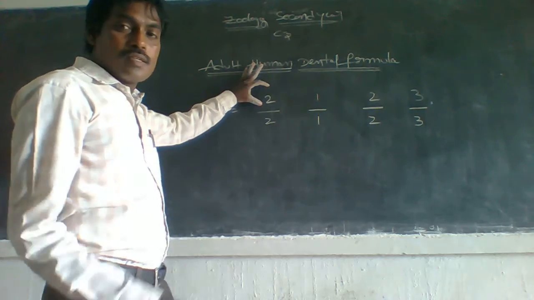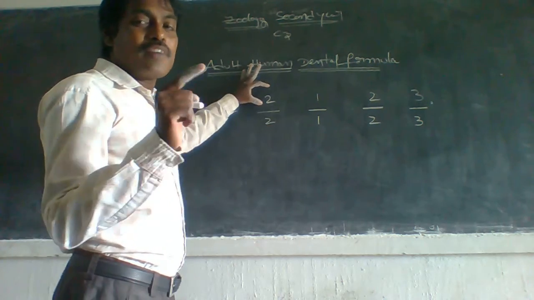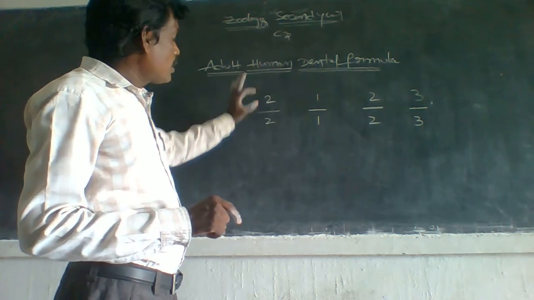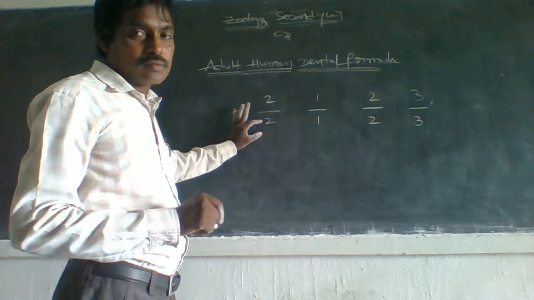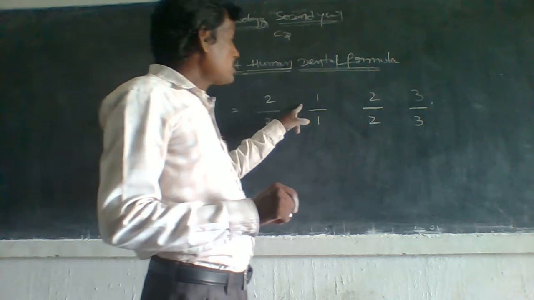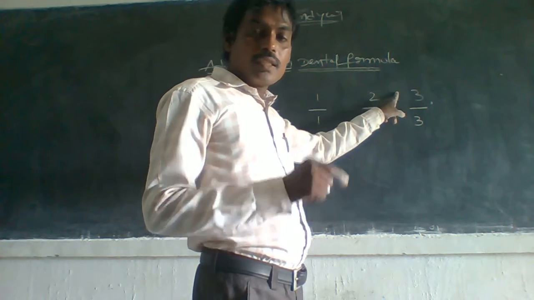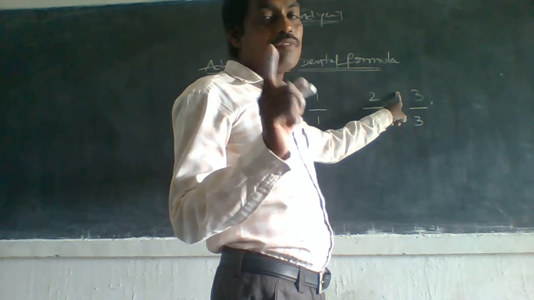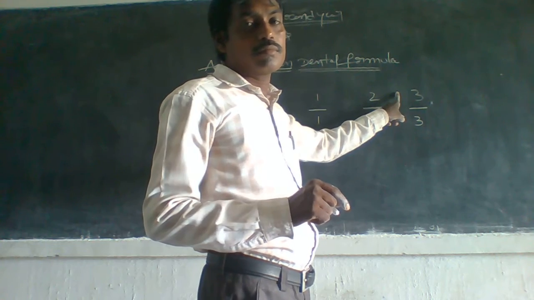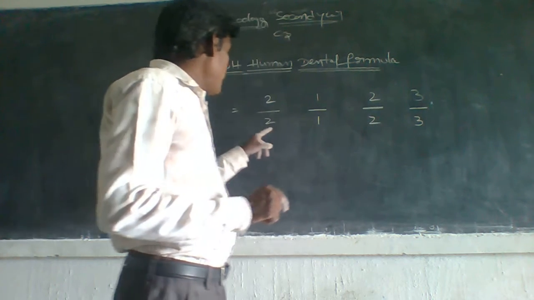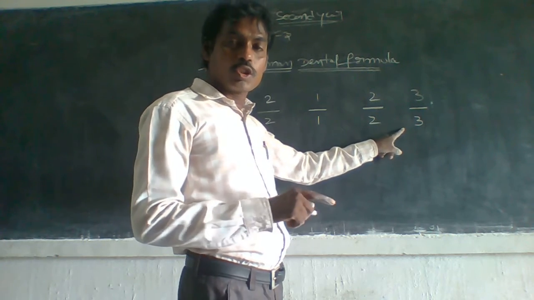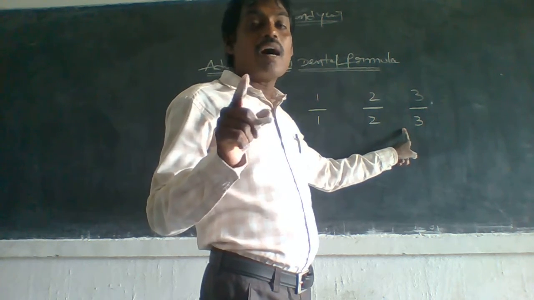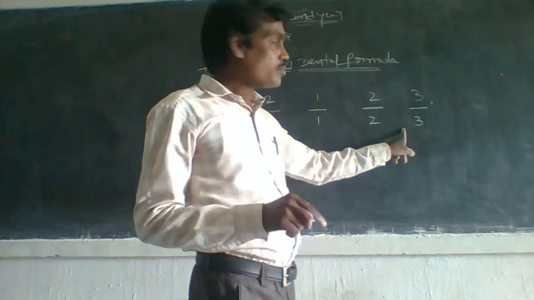This is the upper jaw half part: 2, 1, 2, 3 teeth. Next, 2, 1, 2, 3 is the lower jaw half part, teeth.